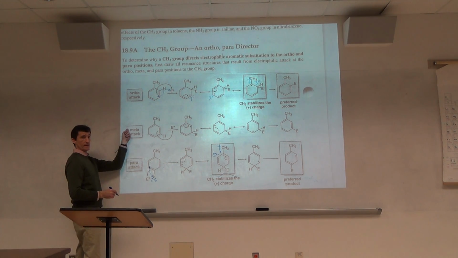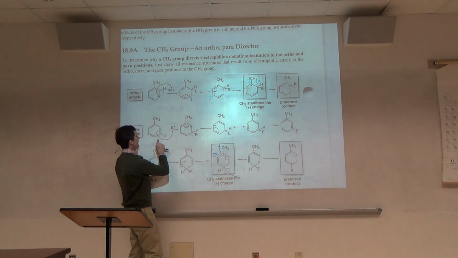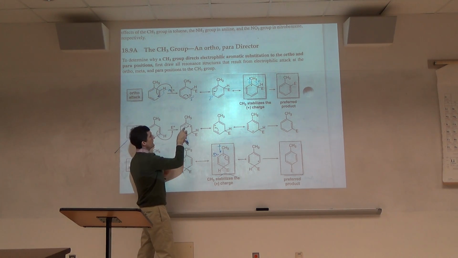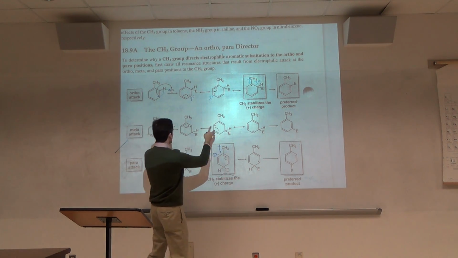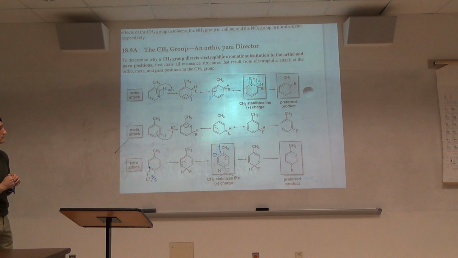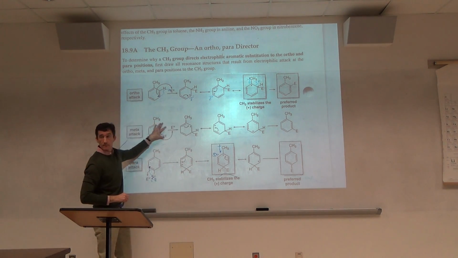Let's do a meta attack. You need to figure this out. All right. We get this cation, hinge it over, cation, hinge it up, cation. Where's the good resonance structure showing the effect of the methyl? The plus never falls on the carbon with the methyl if you do a meta attack. This is your intermediate.